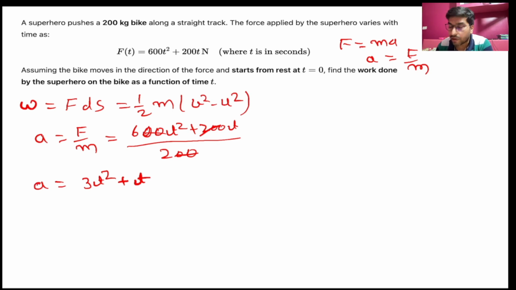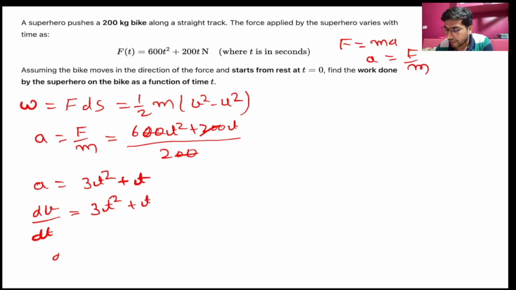And acceleration, what we know? Rate of change of velocity is acceleration. So we can write dv by dt is equal to 3t square plus t.